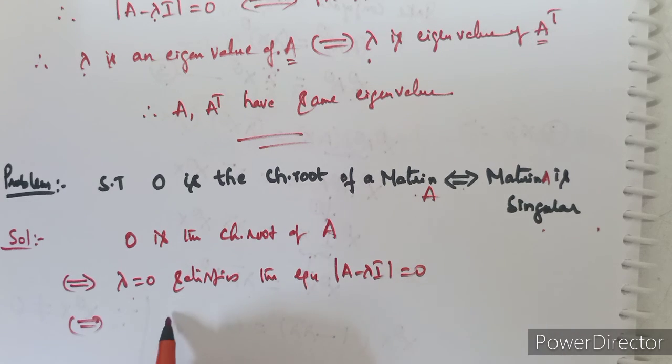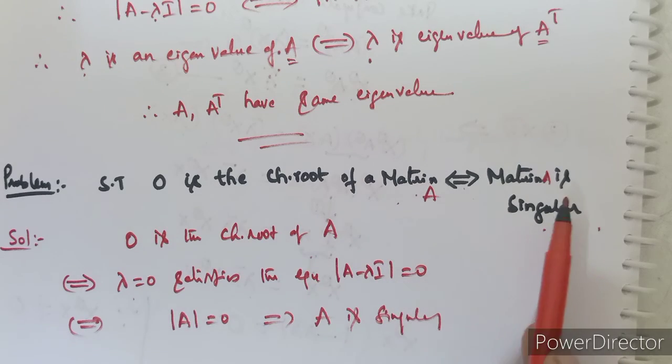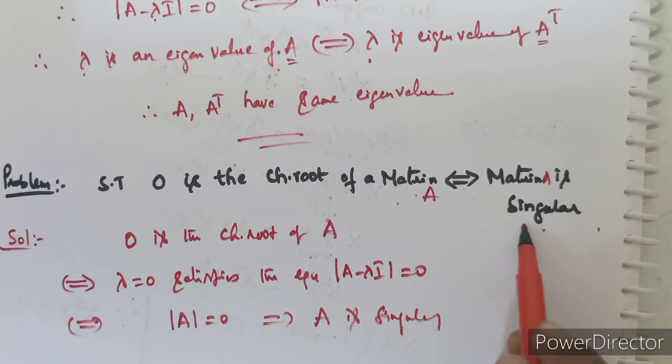Put lambda equal to 0, this implies |A| = 0, which implies A is singular. Therefore, 0 is the characteristic root of matrix A if and only if matrix A is singular.